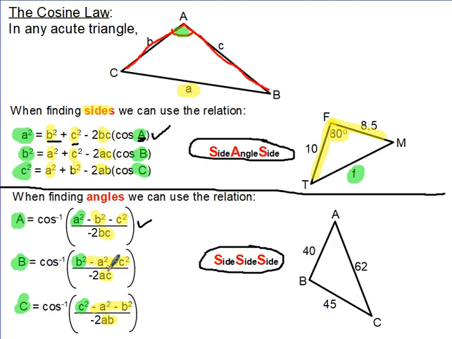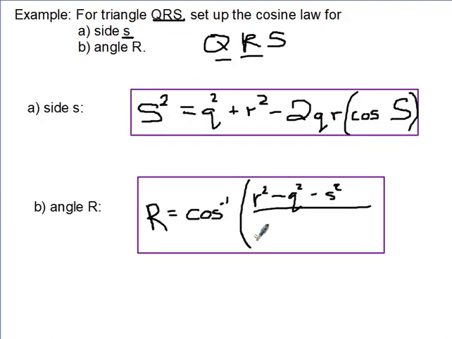So far so good. Divided by negative 2QS. Close the bracket.